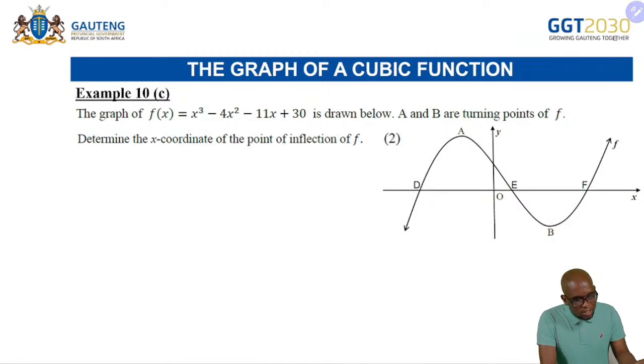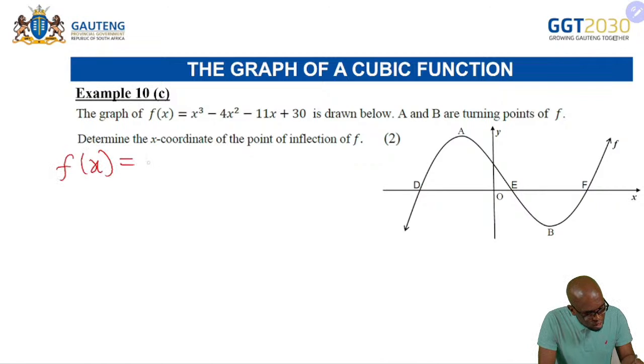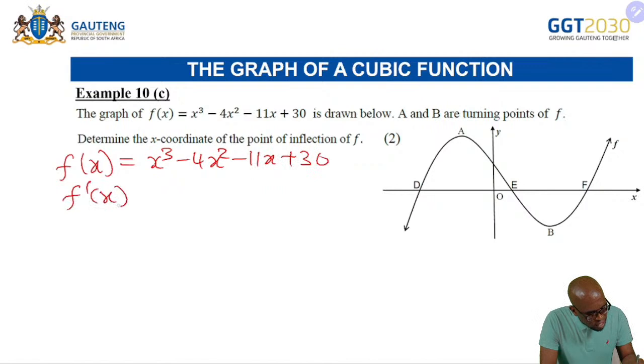Now, if you want the point of inflection, then we need to differentiate twice. So if we have f of x equals x cubed minus 4x squared minus 11x plus 30, we differentiate that for the first time, we get that this is 3x squared minus 8x minus 11.